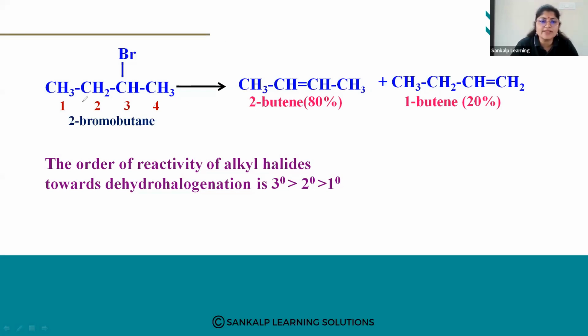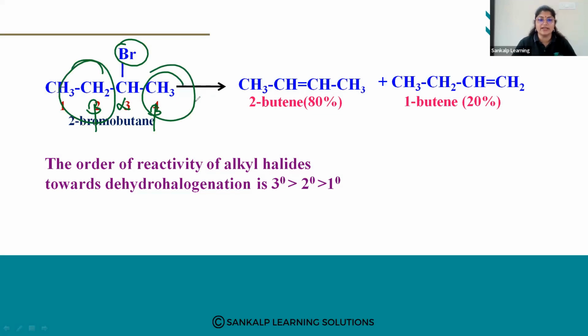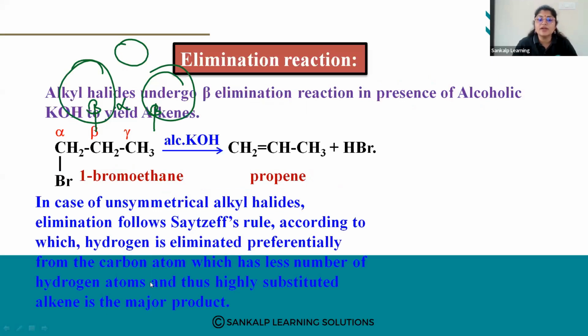So this is what you can see. This is the bromo halogen atom. This is alpha, this is beta, this is also beta. Preferentially the hydrogen will be eliminated from the carbon atom which has fewer hydrogen atoms.